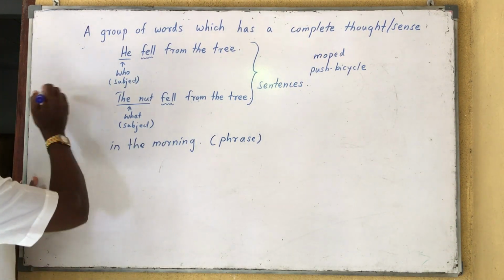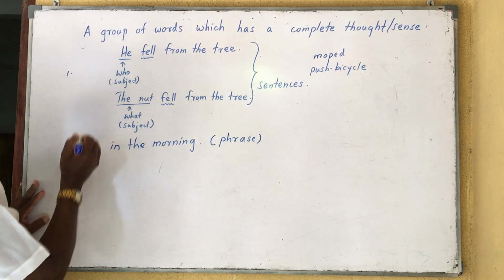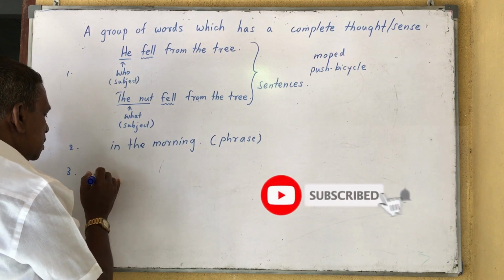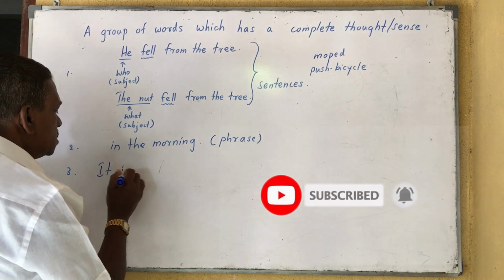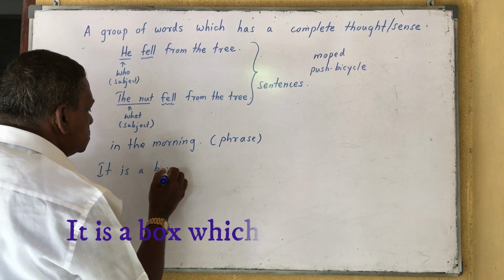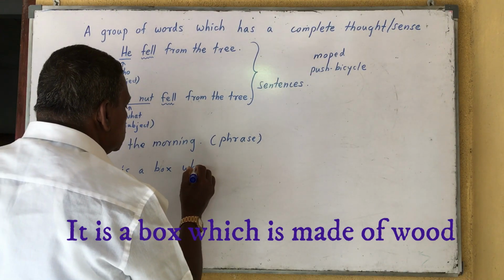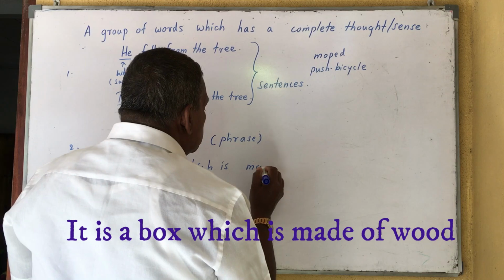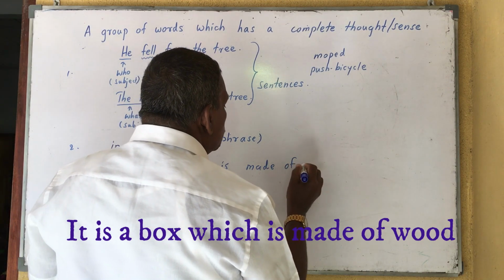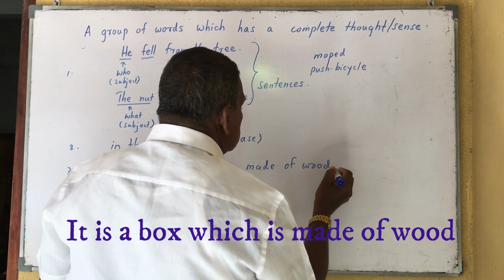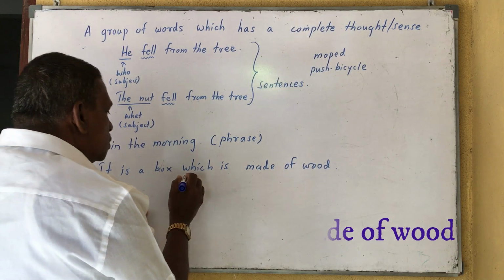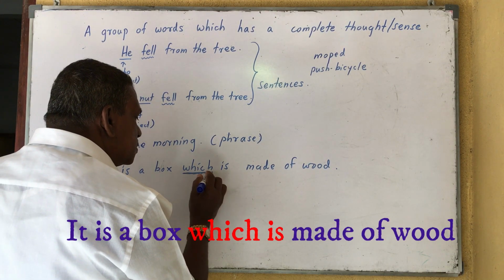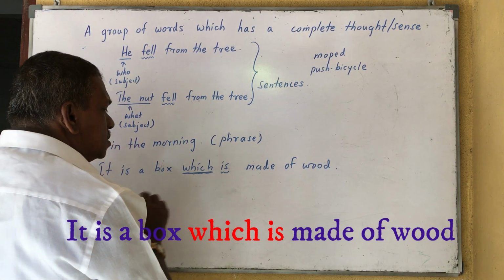Now look at this example. It is a box which is made of wood. Here, this is also a subject and this is a verb.